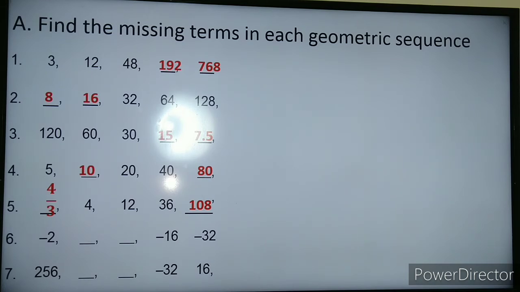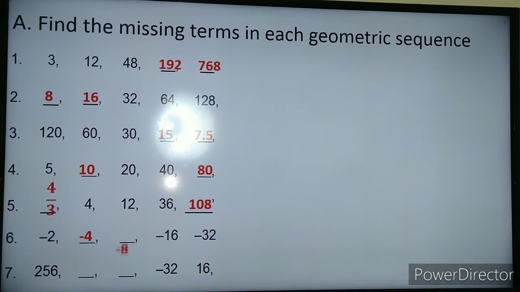Number 6. -4, -8. Correct. What is the common ratio? The answer is +2. And last, -128, 64. Did you understand, class, how to find the missing terms? What is your score? Next.